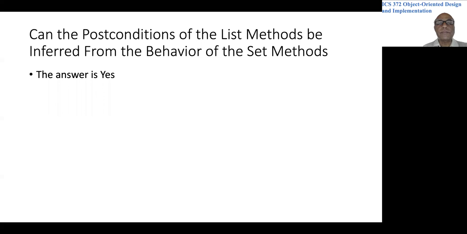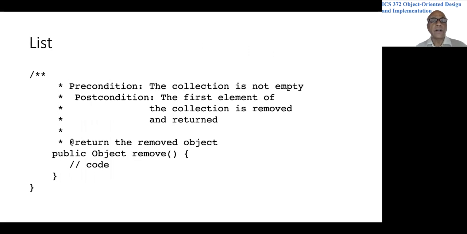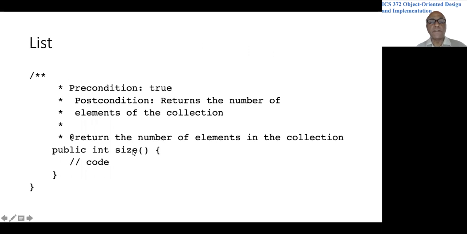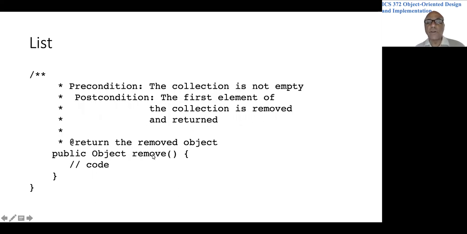Now, you can see that the post conditions of list are either exactly the same or they are special cases of the set methods. For example, here, the size method of list has exactly the same post condition as the size method of set. Here, the post condition for remove is a special case of the post condition for the corresponding method of set.